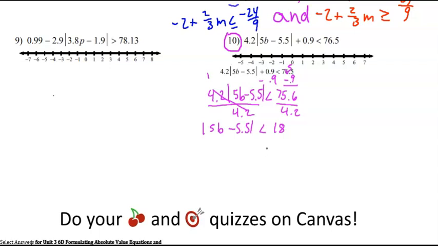Since there's a less than symbol, there will be an and in between the two pieces. So for our negative piece, we have 5b minus 5.5 is greater than negative 18.